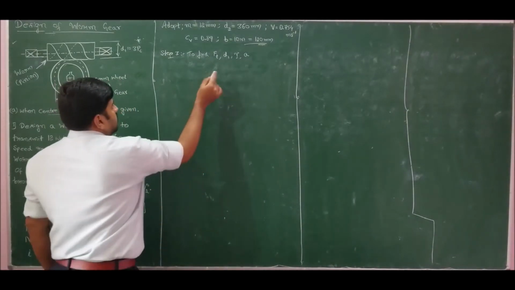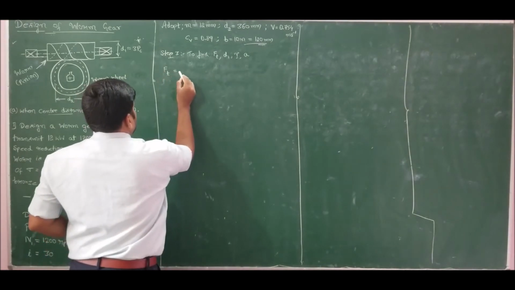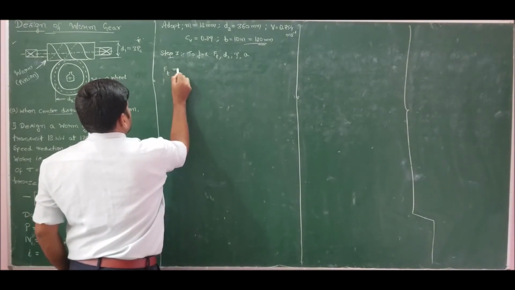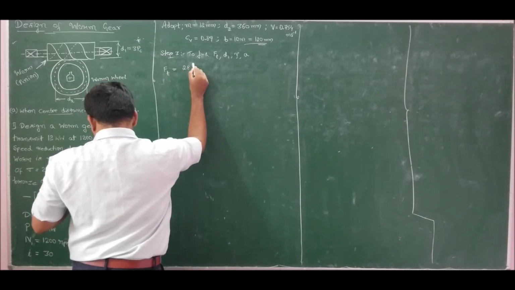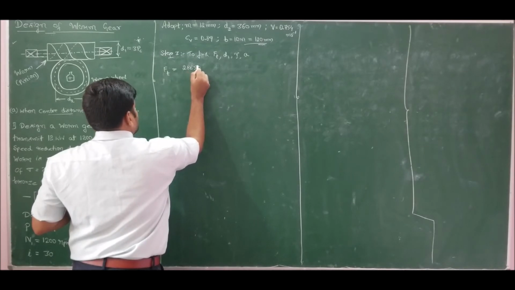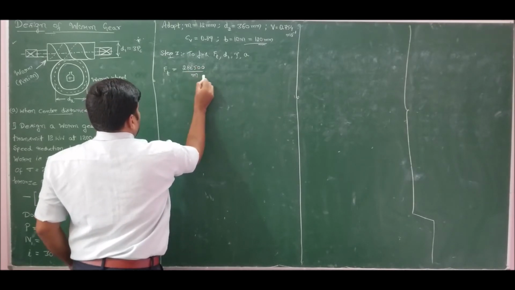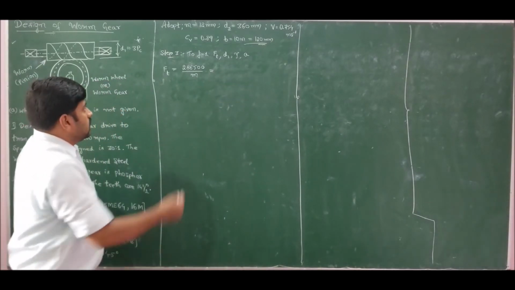Now coming to the calculation of Ft, the tangential load. From equation A of step number 2 we already found that Ft is equal to 2,86,500 by module, which we determined in step number 2. I am recalling it.